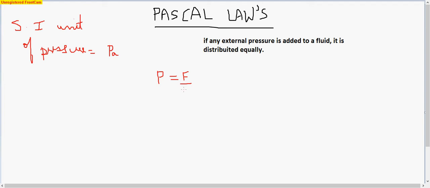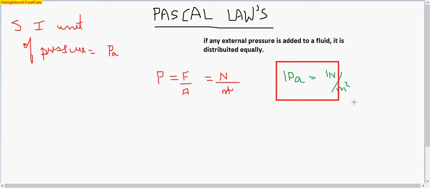So now we are going to derive the unit for pressure. Force is in Newtons, whereas area is in meter square. Therefore the unit of pressure is Newton per meter square. So 1 Pascal is equal to 1 Newton per meter square. I'll put that in a box.